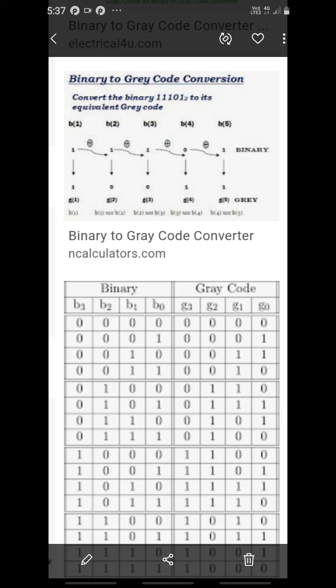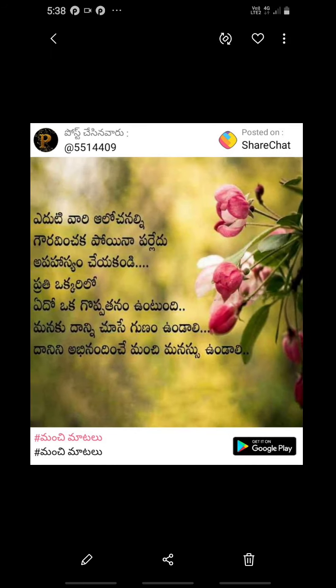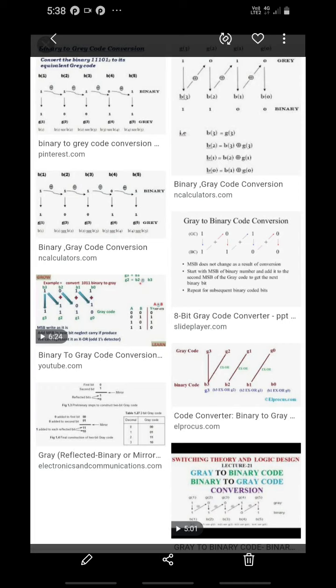Take 11101. The MSB is as it is, that is 1, and this MSB is added with the next bit: 1 plus 1 is 0, 1 plus 1 is 0, 1 plus 0 is 1, 0 plus 1 is 1. Then take the number 1011.